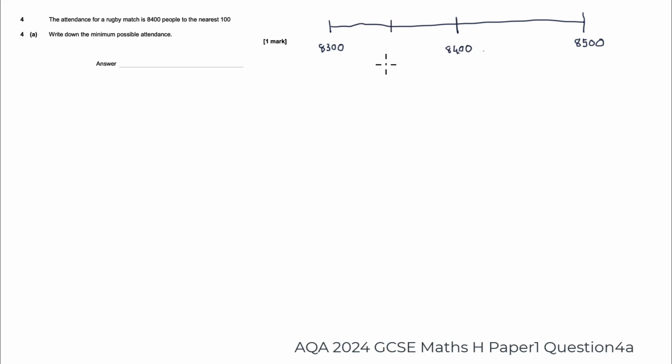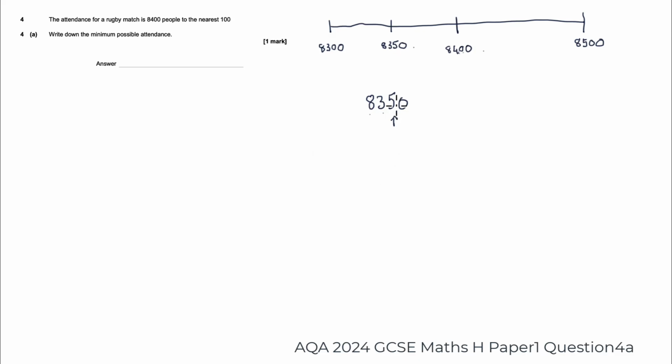Now, halfway between 8,300 and 8,400 would be 8,350. Now let's think what we would do if we take 8,350 and round it to the nearest 100. Well, there's the thousands, there's the hundreds, we would be chopping a 5 off.